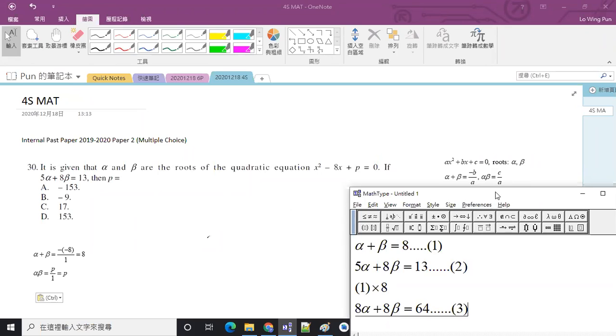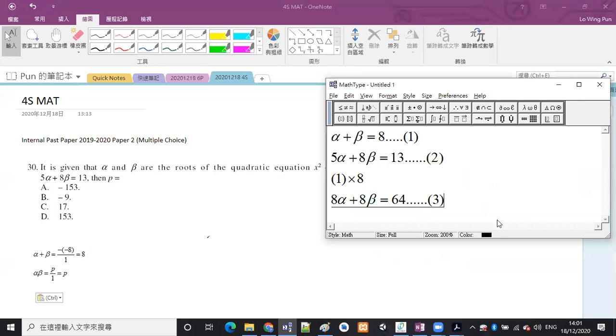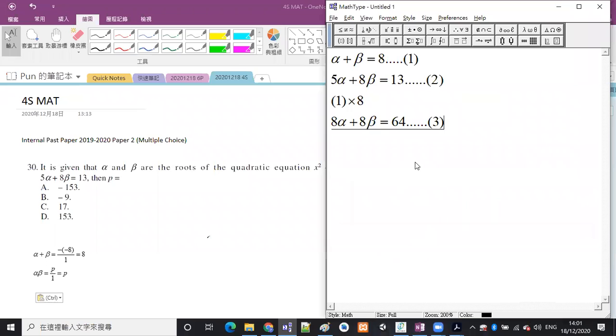I will want to multiply equation 1 by 8 because I would like to make the beta terms equal. Okay, I mean for equation 2 and equation 3, such that I can use equation 3 minus equation 2. And then for the alpha column, we have 8 alpha minus 5 alpha becomes 3 alpha. And then the beta terms will be completely cancelled.